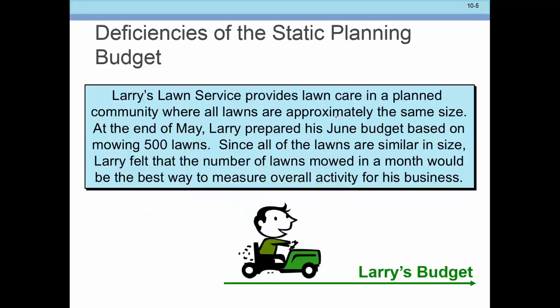So let's go ahead and take a look at this Larry the lawn guy's example here. Larry determines that he'll mow 500 lawns a month, and he used his May activity to prepare his June budget, assuming he's going to mow 500 lawns for the period.